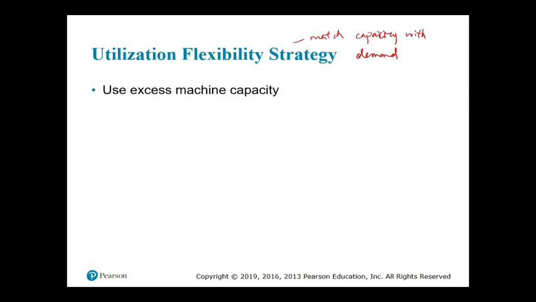Generally, in order to use this strategy, it requires that we have an excess machine capacity to begin with. This can be in a form that the machines are not utilized 24 hours a day, the workforce don't work 24 hours a day, so then we can schedule overtime, which increases the utilization of the capacity.